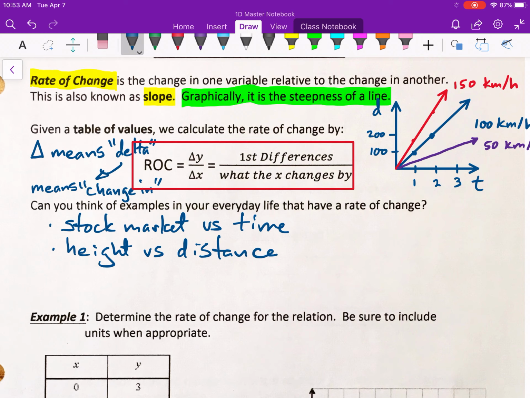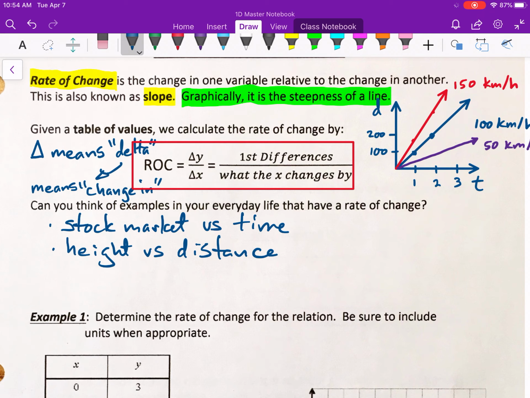Think about if you are skiing or snowboarding. So if I think about height as being up and down, say I'm standing at the top of a mountain and then I start to ski down it, well, obviously my height is changing as I go down the mountain, but my horizontal side-to-side distance is changing as well. So that would be another example of a rate of change. The steeper the slope, then the faster the height would be changing compared to the horizontal distance.